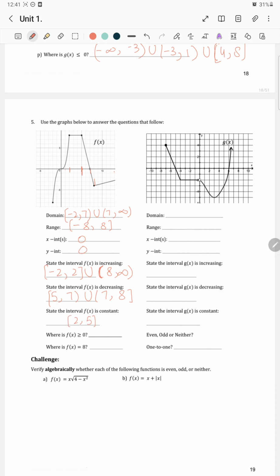F of x is greater than or equal to 0: 0 to 7. F of x is equal to 8: 2 to 5.